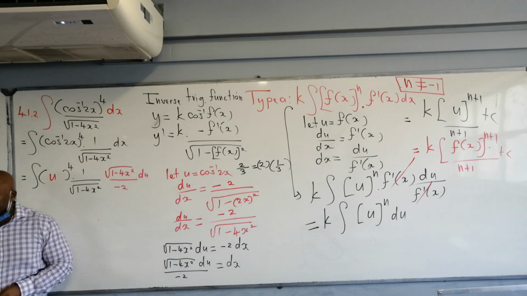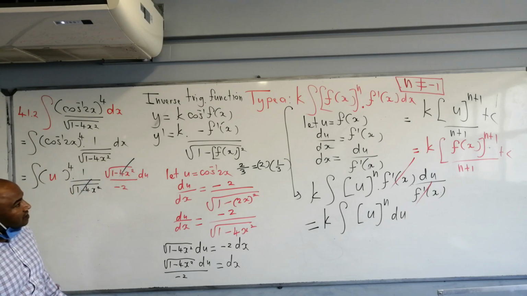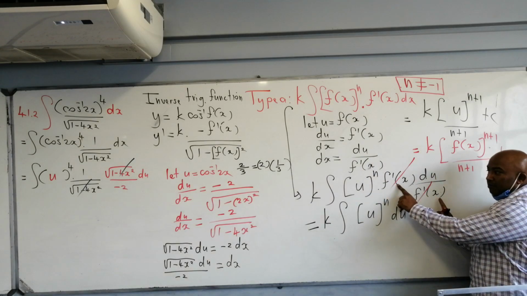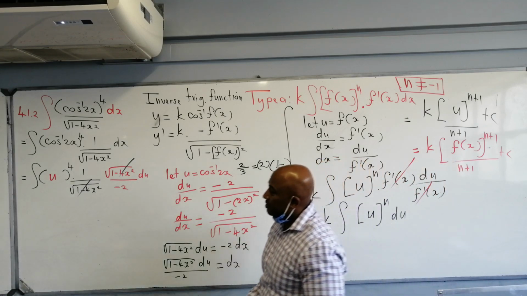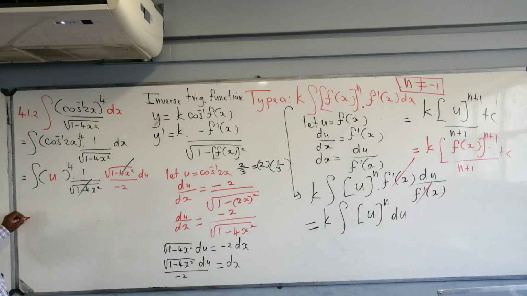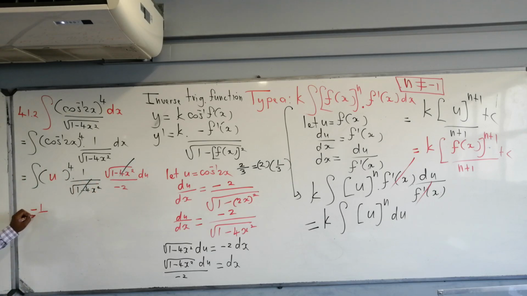And now it works out nicely. You can see that. Exact derivative cancels it. Exact derivative will cancel. So now, don't forget there's a -2 in the denominator. That means there has to be a 1 in the numerator. So it's -1 over 2u to the power 4 du.